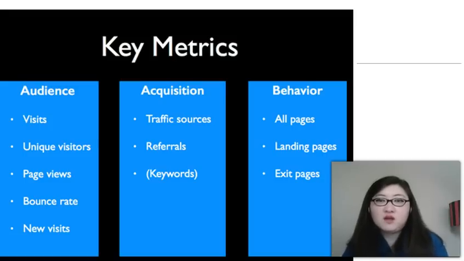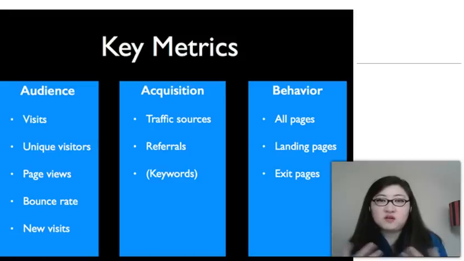And then we look into the bucket of behavior, and that can be anything in terms of aggregating all pages, how visitors are flowing in and out of your site. Are they sticking around? That might also relate back to bounce rate, as well as really going in a little further and exploring your site, and how are they leaving your site.